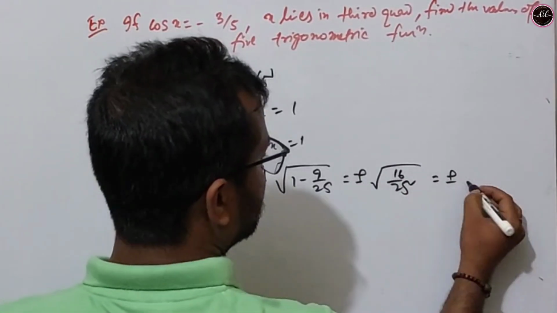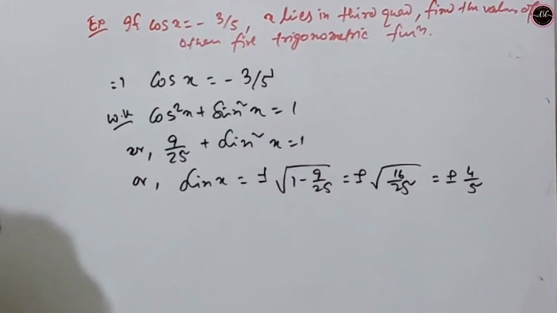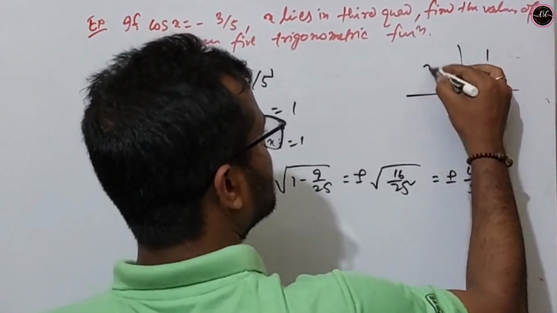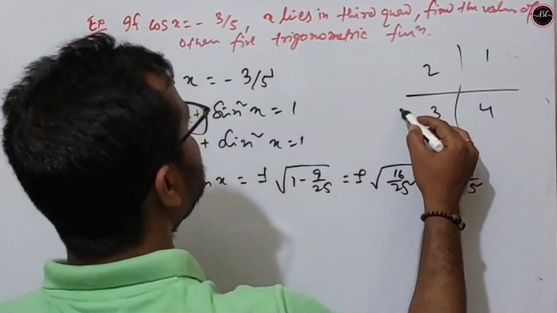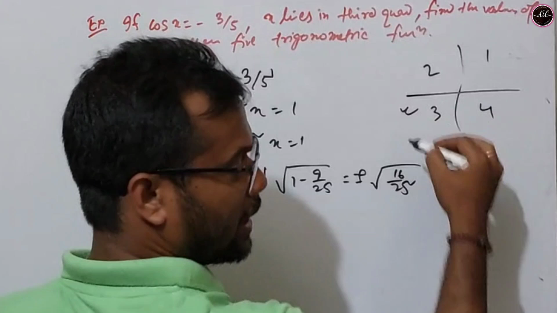That means plus minus 4 by 5. Here x lies in the third quadrant. That means this is first, second, third, fourth. Okay, x is here. So here only the value of tan will be positive.